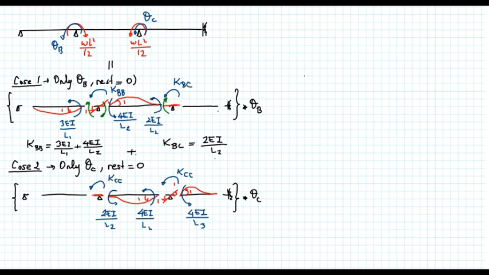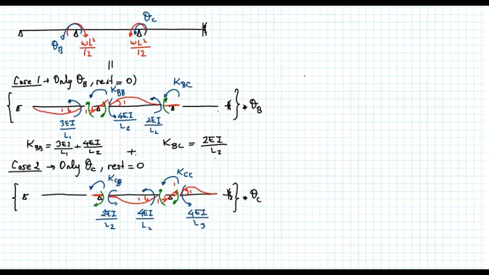Transfer them to the node and determine what KCB and KCC is. So I transfer it here, here, and here. Let me do one correction. This should be KCB. Sorry for that.